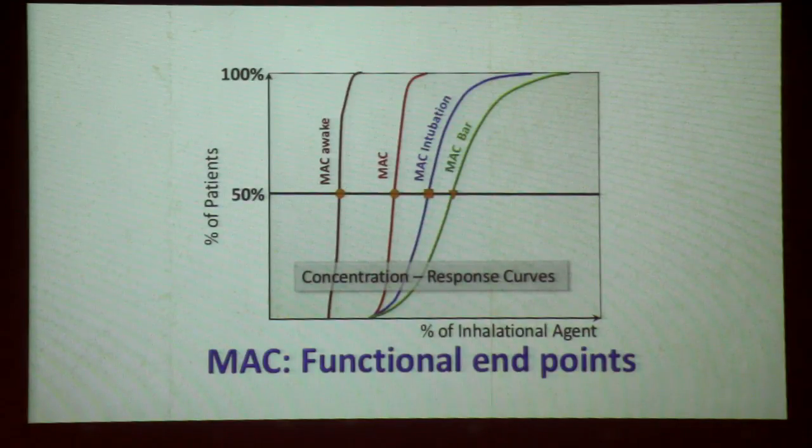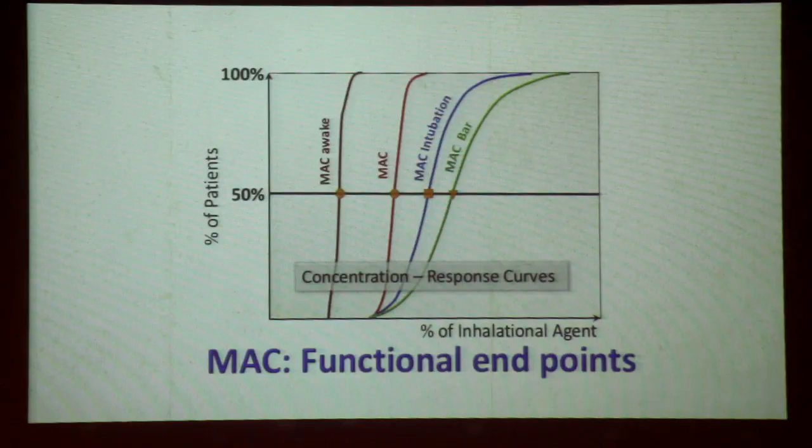On the y-axis is the percentage of patients who would respond. So if you see these graphs, they are all almost vertical. When they are vertical, it means that the concentration of an inhalational agent doesn't vary much when it has to produce complete anesthesia in almost 100% patients.